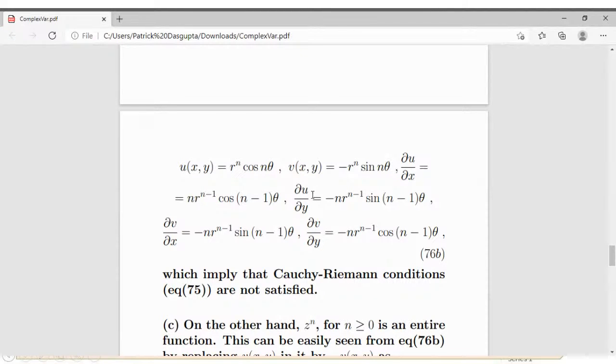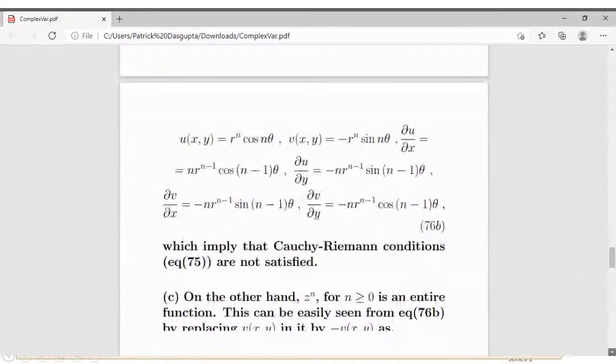On the other hand, del u by del y is equal to del v by del x. That shouldn't have happened. So Cauchy-Riemann conditions not being satisfied tells us that z star to the power n for n greater than or equal to 1 is not an analytic function.